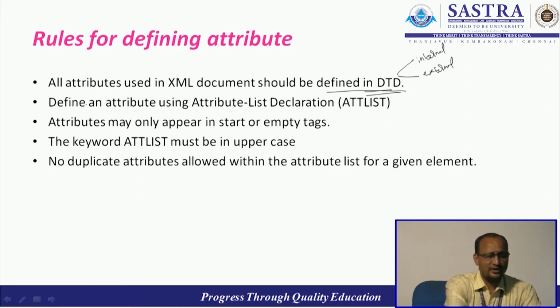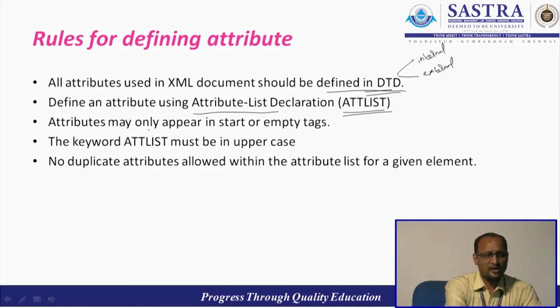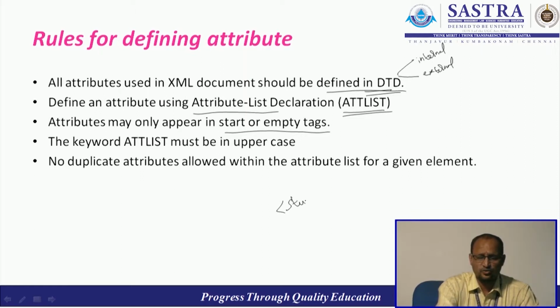Now, we define an attribute using the attribute list, which is abbreviated as ATTLIST. This is a keyword, used only for the definition about an attribute. And attributes may only appear in start or empty tags. Say for example, I have created a starting tag as student. This is the opening tag.